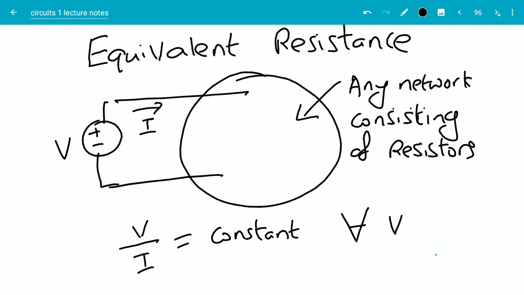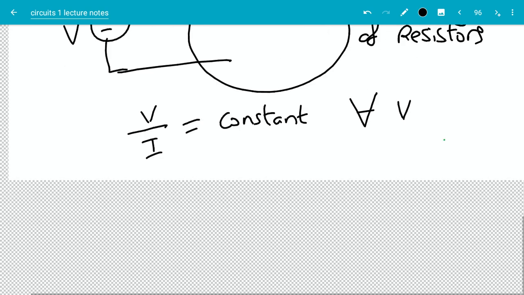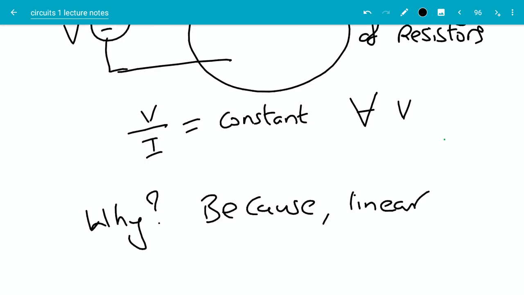An interesting question here would be, why would V over I be constant for all voltages V? And as we talked about then, this is a consequence of our circuit being linear. That is, all the KVL and KCL equations which we use to solve circuits are linear equations. So as usual, our answer to questions like this will always be because linear.